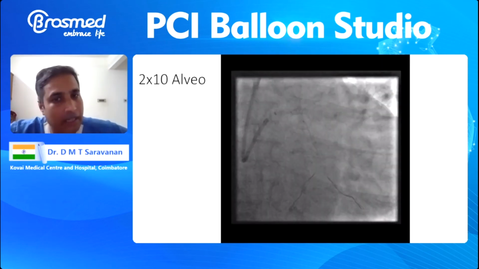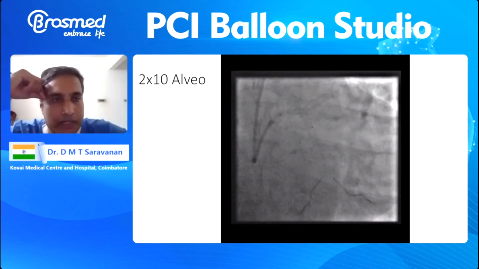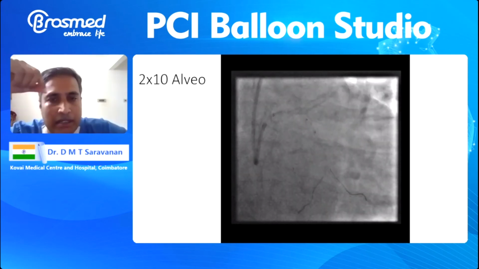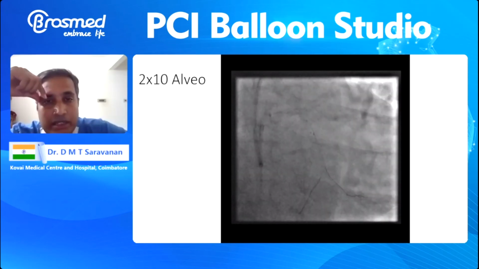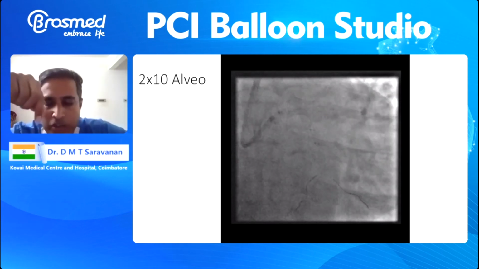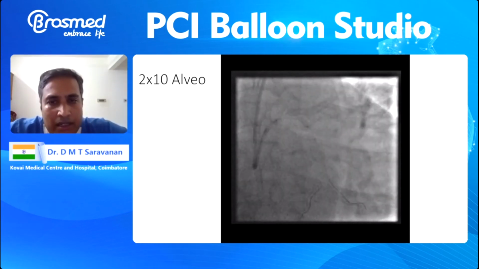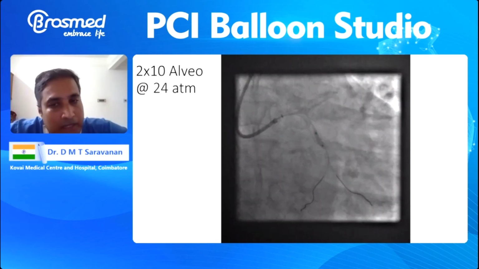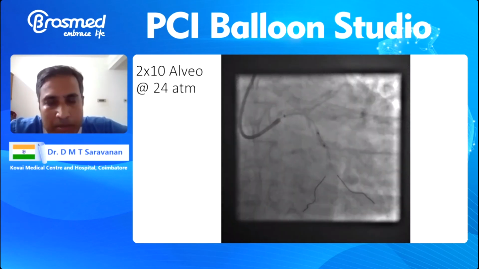Then luckily I had an Alvio on the shelf, and this is a 2.10 Alvio, and that went reasonably easily through the struts with the angulation. It was pushed in that place. And then at 24 atmosphere, that's another advantage, I could go with a high pressure without bursting the balloon. There was calcium there. It gave a reasonable lumen area. That took a lot of support, with the GuideLiner and the double buddy wire and everything.